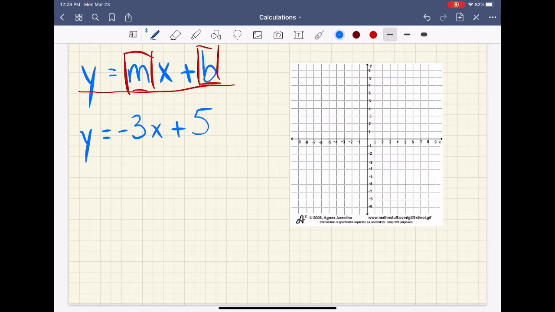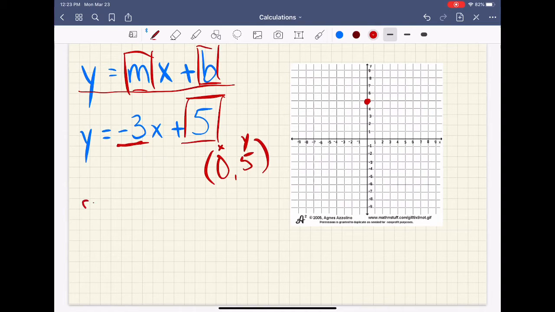First, as we know, we want to get a point on the grid. We know the point 0, 5 is going to be a point because that's our y-intercept. So 0, 1, 2, 3, 4, 5. We know that's a point on the graph. And then our slope is -3.